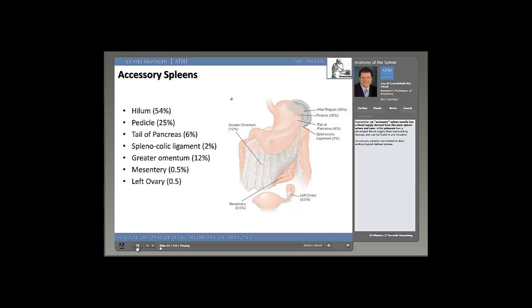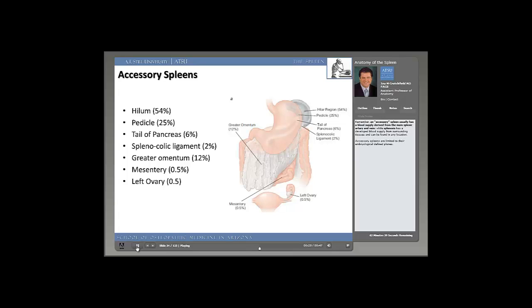Most of the accessory spleens, those that actually form in the dorsal mesogastrium, are located where you'd expect them to be based on the embryology. 54% occur near the hilum of the spleen, 25% near the pedicle of the spleen, 6% near the tail of the pancreas, and of course several form in the greater omentum, the mesentery, and the ligament between the spleen and the colon.